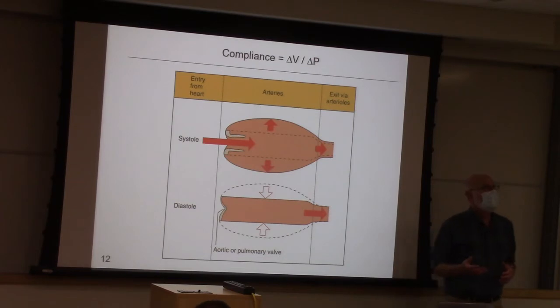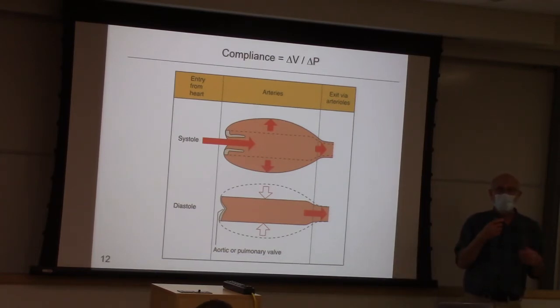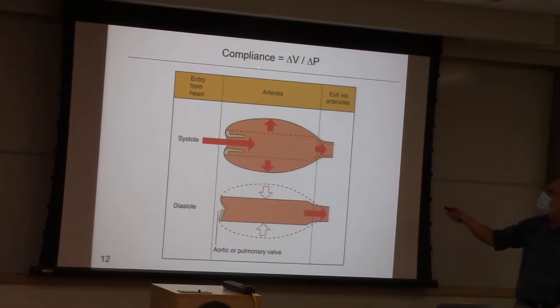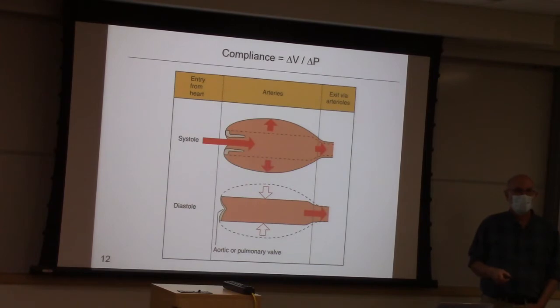Now getting into some biophysics, I'm not going to do this in great detail, but the point is that a thing called compliance, and you in your mind can say, more compliance means more elasticity, means more stretchiness. More compliance means a greater change in volume for a given change in pressure. That makes sense. More volume for a pressure means more stretchy, which is more compliance.